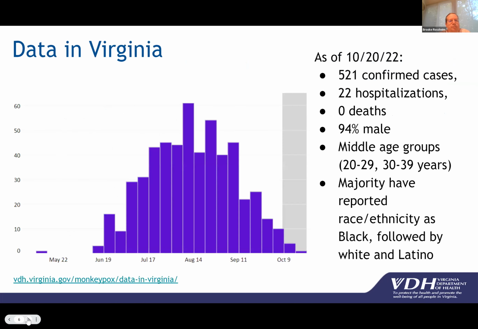Looking at some data in Virginia, as of October 20, 2022, there have been 521 confirmed cases, 22 hospitalizations, no deaths. 94% of the cases have been in men, mainly in young to middle-aged groups. 20 to 29 years and 30 to 39 years are the two biggest categories where we're seeing monkeypox.